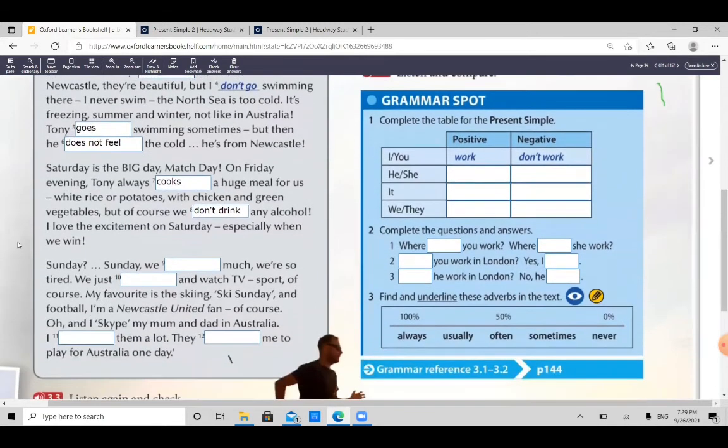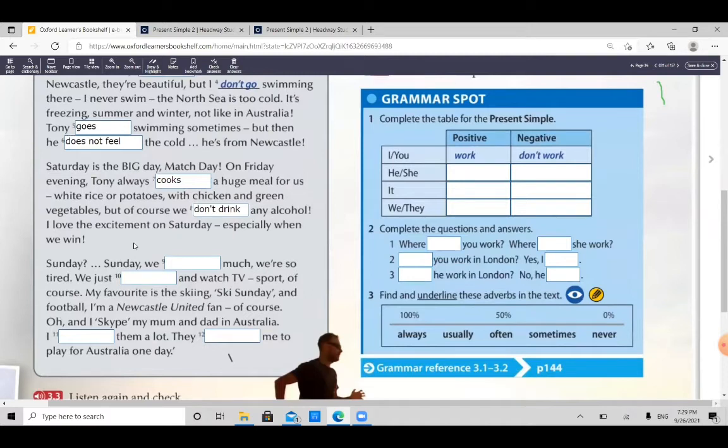I love the excitement on Saturday, especially when we win. So I love the excitement on Saturday. Thank you, Amal.